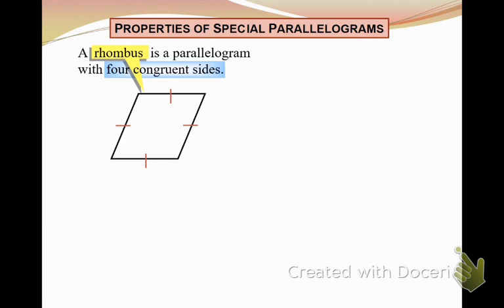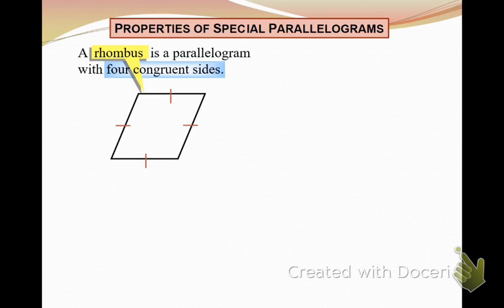So if it has the properties of a parallelogram, how many properties are there to a parallelogram? You've written them down 3 or 4 times now. There are 4 properties. Can you name the very first property for me? Go ahead, Tyler. Yeah, opposite sides are congruent and parallel.